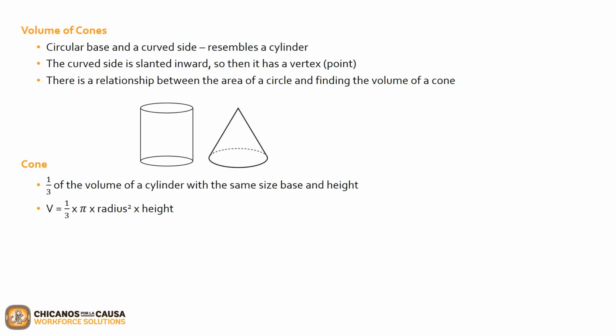The volume of a cone is 1/3 of the volume of a cylinder with the same size base and height. What that translates to is 1/3 times pi, because the base of the cylinder is a circle. So we are going back to pi from the previous lesson, times the radius squared, which is half of the diameter, times its height.